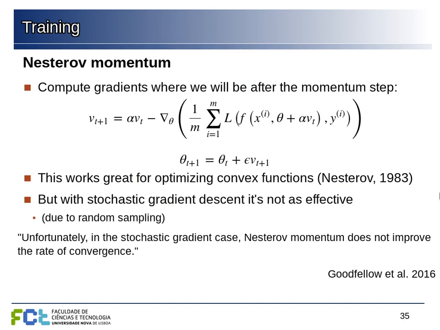Now, this is very good for optimizing convex functions when you have a good idea of what the gradient actually is. But remember that in stochastic gradient descent, our estimate of the gradient is given by a small batch of randomly chosen examples. And this randomness messes up the Nesterov momentum.